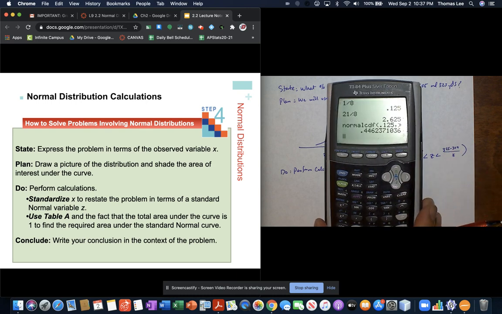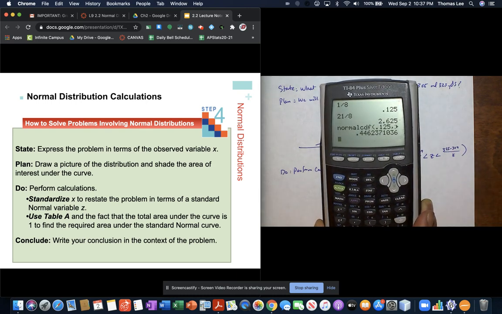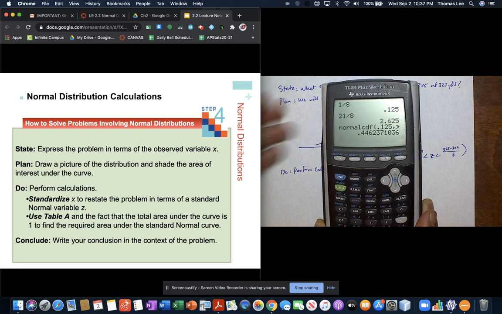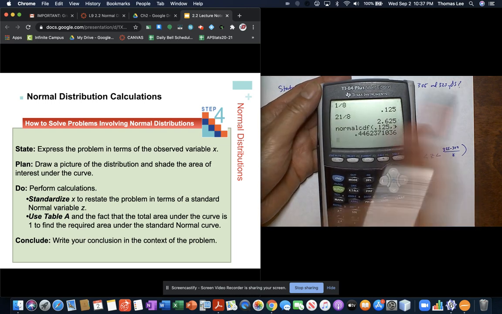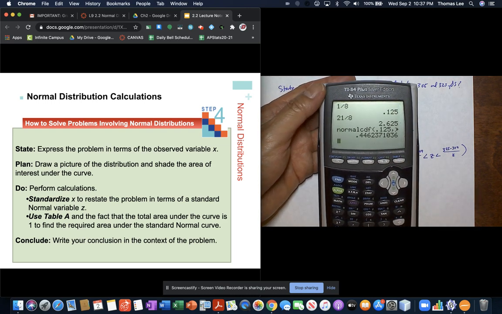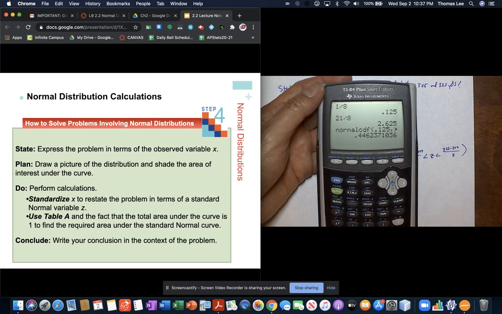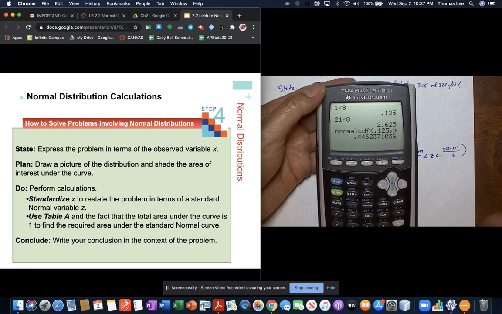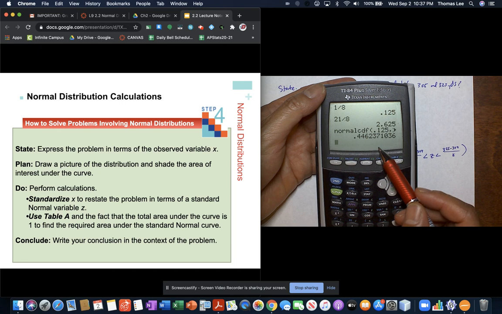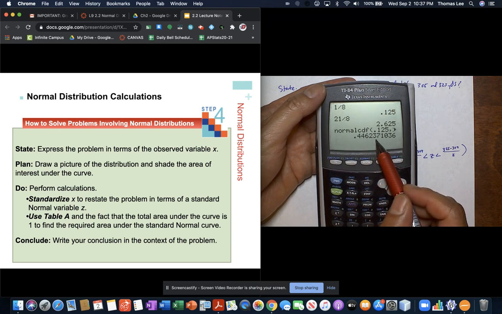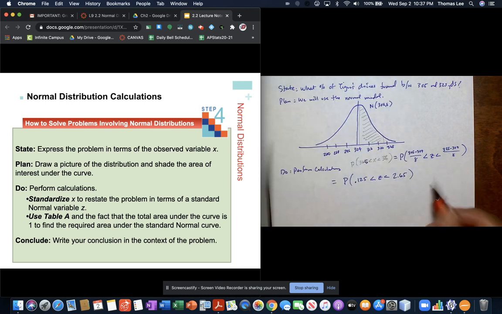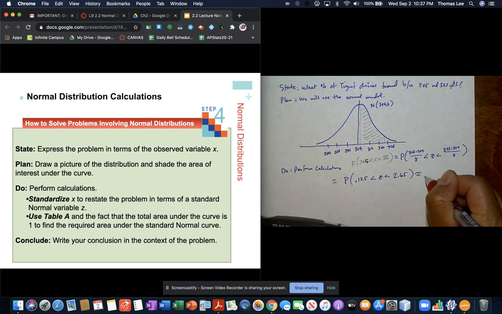It is okay on the AP exam if you either truncate or round. Truncate means once you go to 4 digits, you just chop everything off and don't look at the 5th digit. Rounding means you look at the 5th digit. Here the 5th digit is 3, so you leave the 2 as it is.